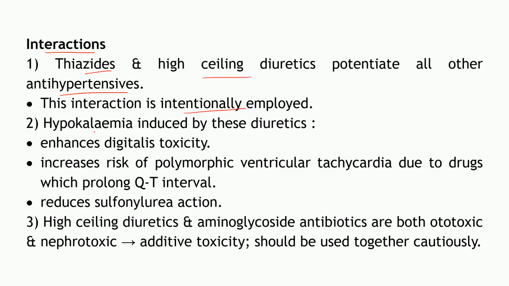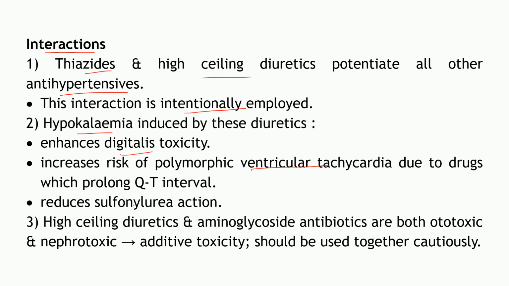Then hypokalaemia, which is produced as a complication due to both of these classes. So it has certain complications to be precipitated, right? In case of digitalis, the toxicity of digitalis will be enhanced because of the hypokalaemia. Also the risk of development of tachycardias will be enhanced.